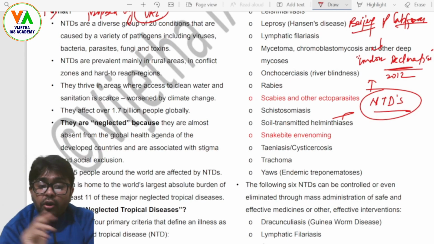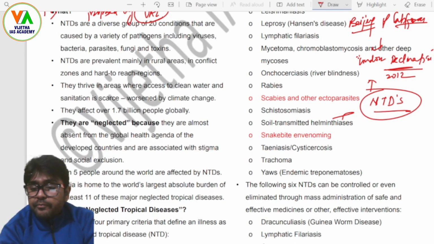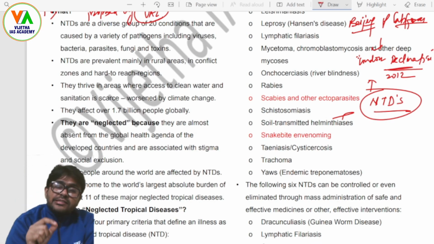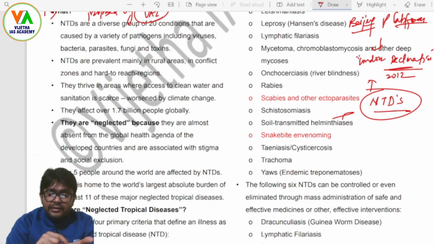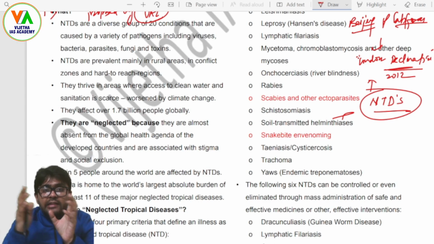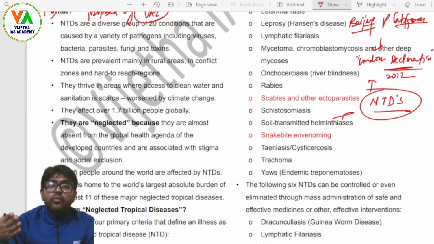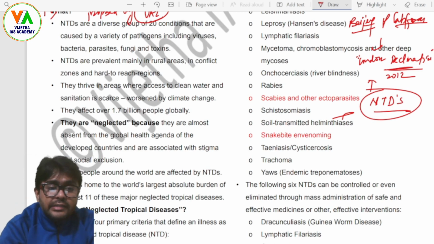It has created scale-like structures on the hands and skin, so that your skin starts shedding. This is again a problem, which is also a tropical disease, right?